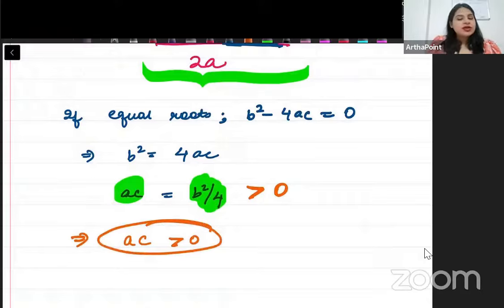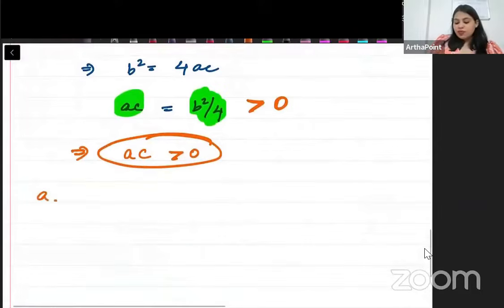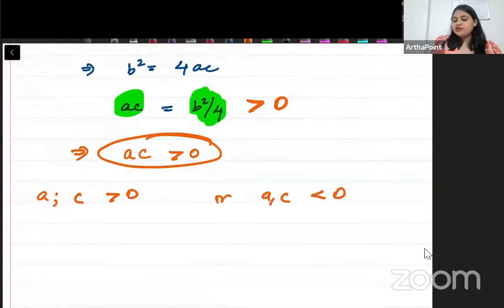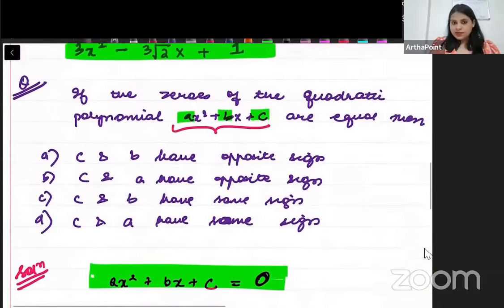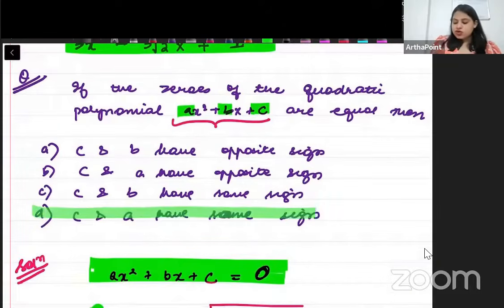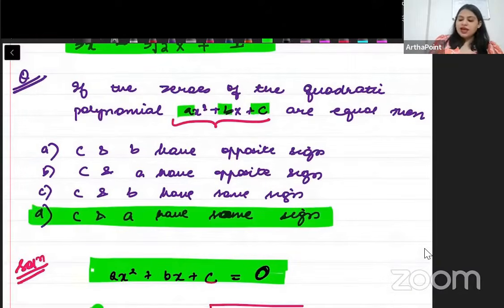But when is the product greater than 0? When either both a and c are positive or both a and c are negative. So that means a and c should have the same sign. So the answer to this question is D, that A and C will have the same sign. That is the answer to this question.